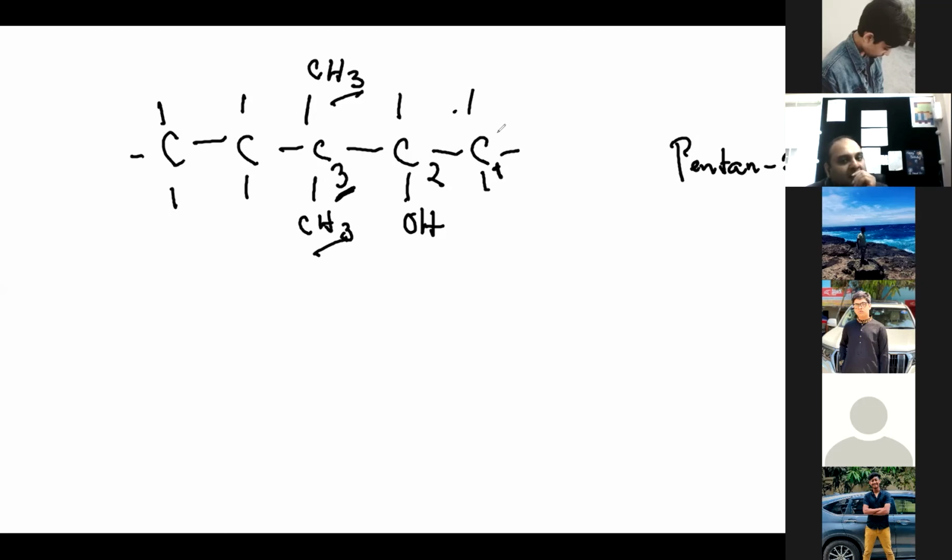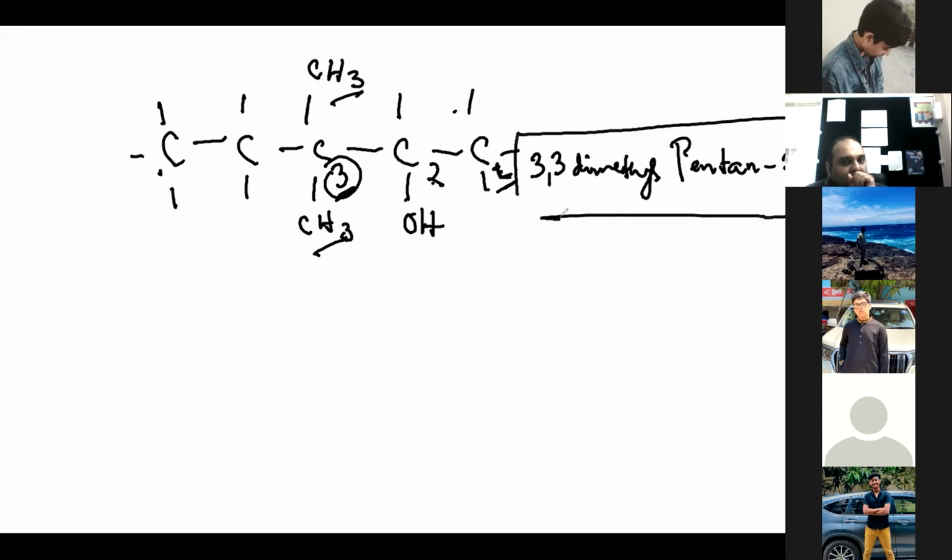Now, once you start numbering from one side, you cannot restart numbering from the other side. You must number from one side. Since we started from this side, this is 1, this is 2, this is 3. So this is your third carbon. So what will the name be? 3,3-dimethylpentan-2-ol. Nobody could do it, but that's okay, I gave a very complicated one.